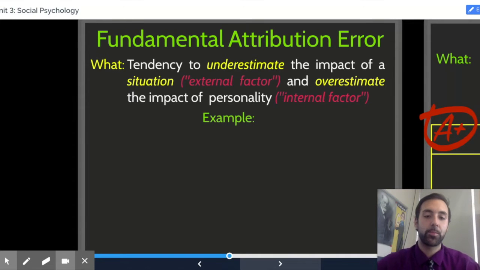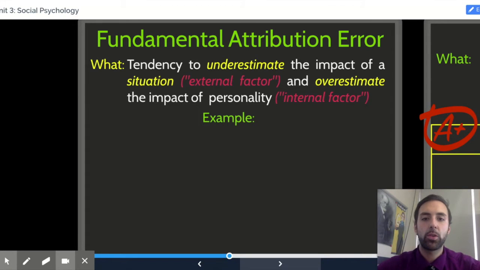So, for example, you might have this perception of a teacher, that they're cool, calm, collected, whatever it might be, without stepping back and saying, maybe my perception of this teacher is distorted a little bit because the only situation that I experience an interaction with this teacher in is at school. And maybe the setting of school in and of itself is an external factor that I'm not really considering.